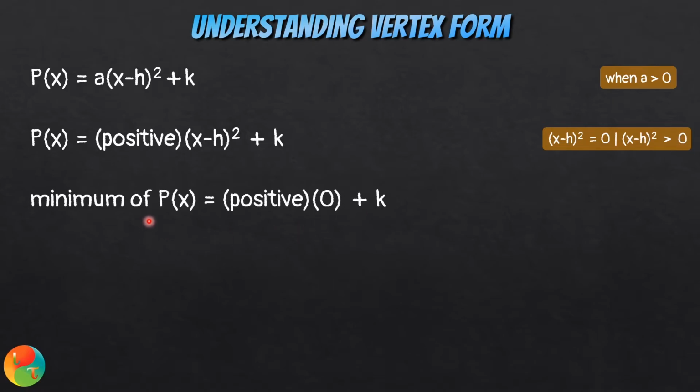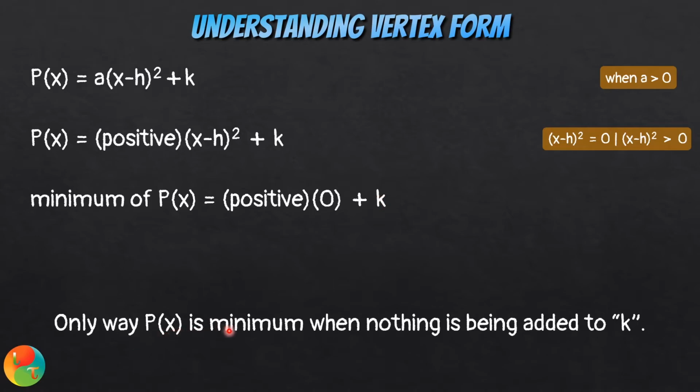So minimum of p of x is written as positive number into 0 plus k. Why? The only way p of x is minimum is when nothing is being added to k. That is only possible when x minus h whole square is equal to 0.